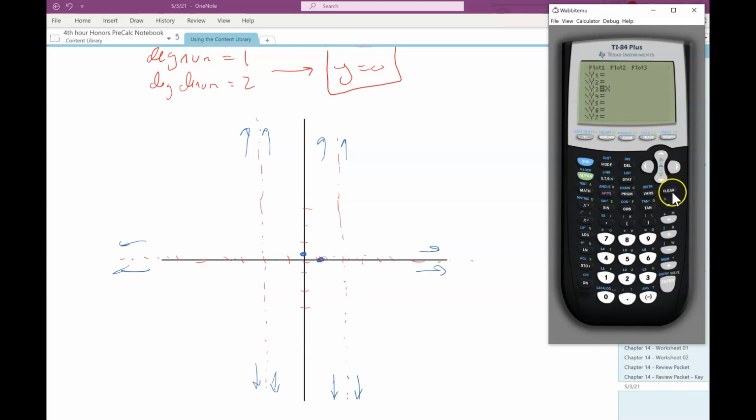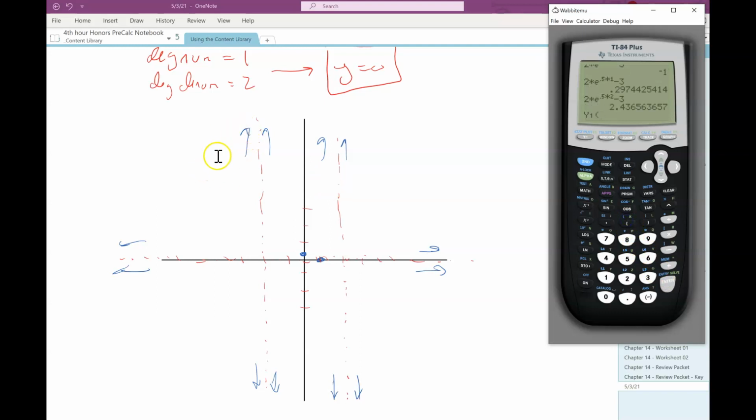I'm just going to delete out these other things that were in there. So I have, what was it, x minus 1 over x squared minus 4, right? Exit out of there now. And what I'm going to do is use the vars menu, over to the y vars, and then to the function option, and retrieve the place where I typed in my function. For me, that was y1.